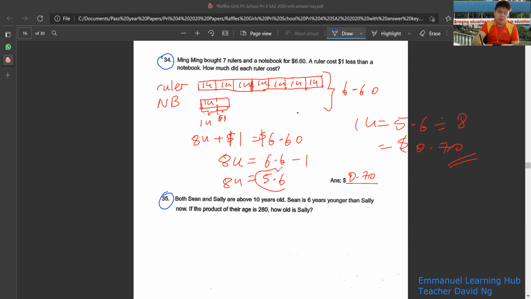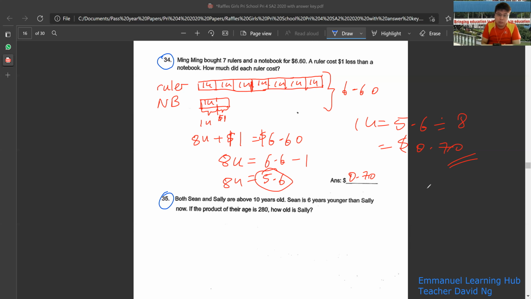Can I explain how I get 560? How come 8 units is 560? 6.60 minus $1. Correct, it's 560. Can I explain why I minus the $1?